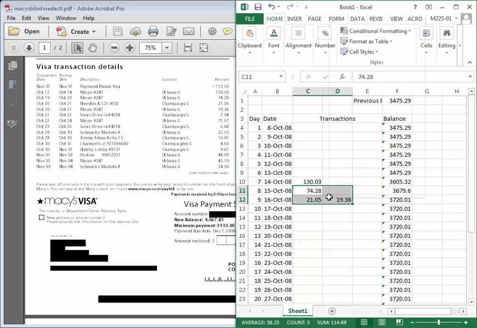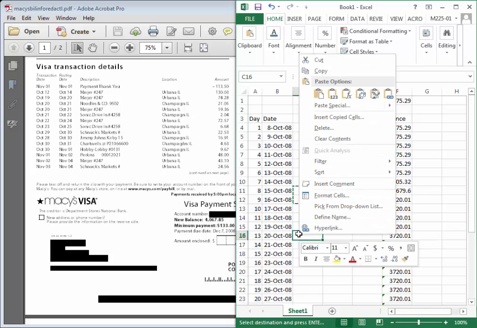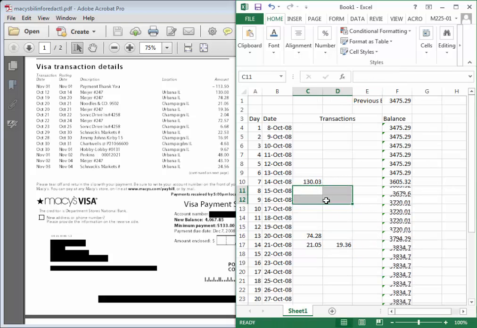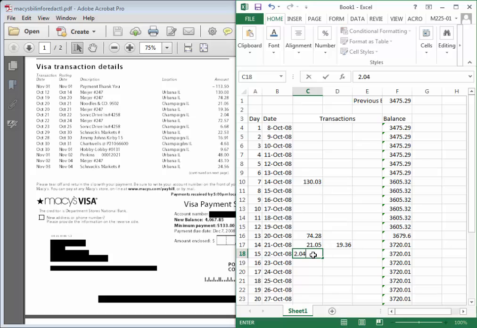I put these on the wrong dates. These should have been the 20th and 21st. There we go. On the 22nd, $2.04. On the 24th, $72.57. On the 25th, $6.68.